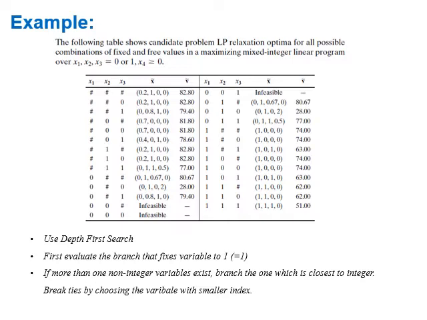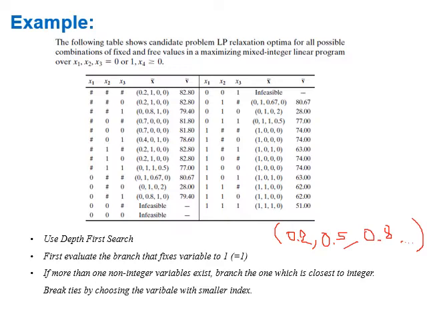Let me give you an example. Let's assume that we have a solution in which the value of x1 is 0.2, the value of x2 is 0.5, and the value of x3 is 0.8, let's say. Remember, in this question x4 was continuous, so we don't need to consider its value.